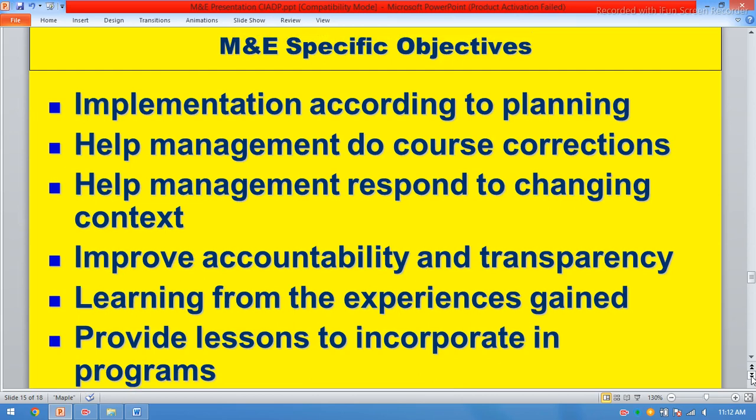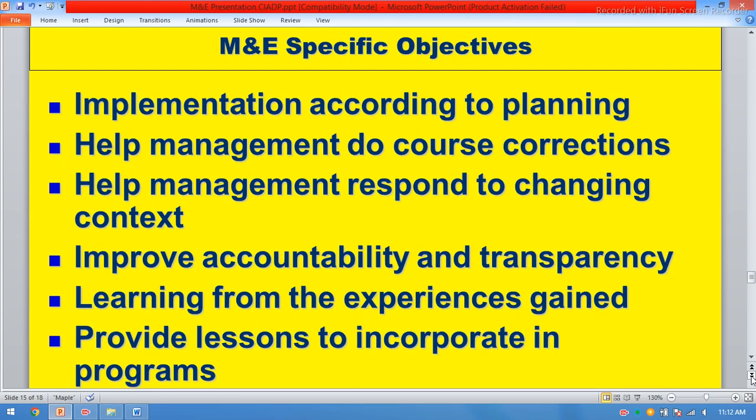Monitoring and evaluation specific objectives: implementation according to planning. Help management do course correction.